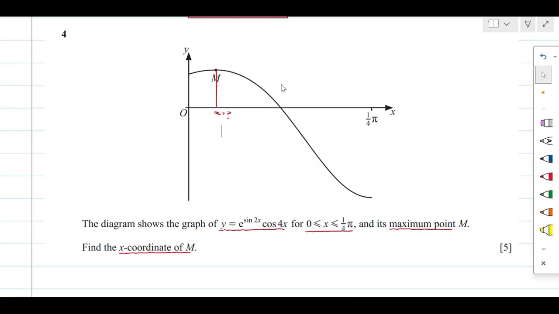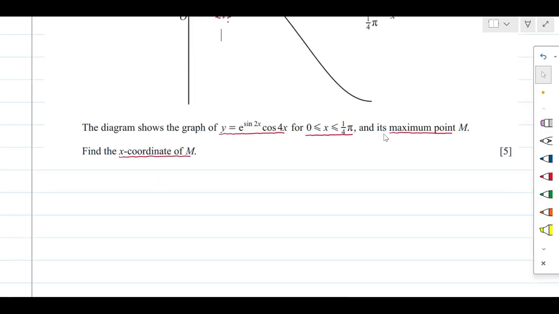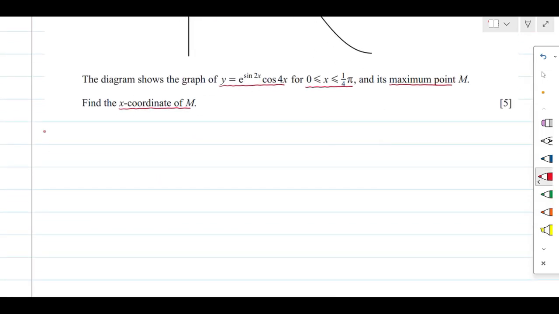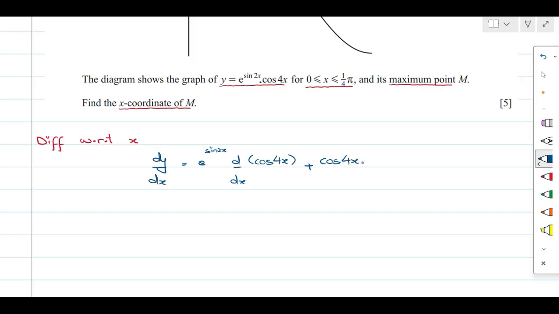As we know, for a maximum point we need to take the first derivative equal to 0. So first differentiate the function with respect to x. Now dy over dx is equal to, using the product rule, the first function e to the power sine 2x as it is, d by dx of the second function, plus the second function as it is, d by dx of the first function.